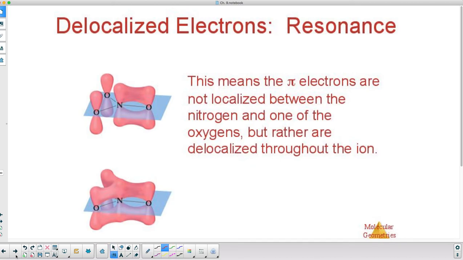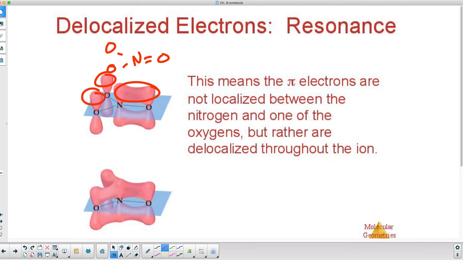Notice the difference between the first picture and the second picture, the top picture and the bottom picture. Here they are not delocalized, here they are localized. As in, these electrons stay there, and between this 2 bond here, they stay there. That would be what we saw like this, with a double bond between this one.